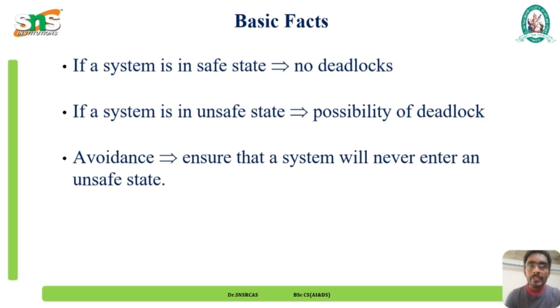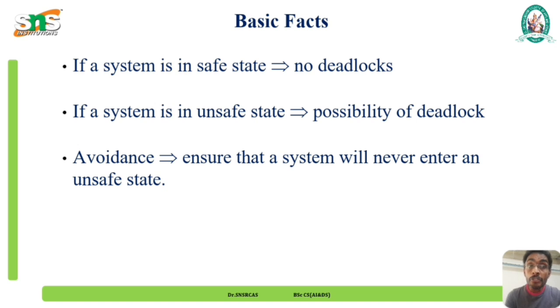And coming to some basic facts about resource allocation and deadlock prevention and avoidance. If a system is in a safe state, there is no deadlock. Suppose the system enters into an unsafe state, which means there is a high possibility of a deadlock occurring. So before that, you can avoid deadlock occurrence.